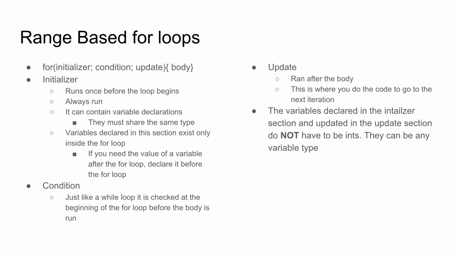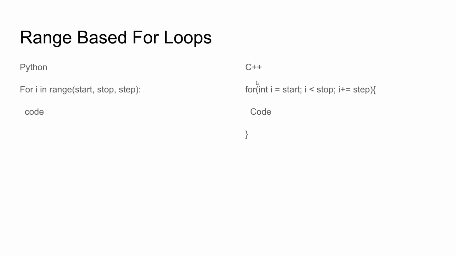You can declare variables there, but they all have to be of the same type. They can't be different types in that expression. If you need the value of the variable after the for loop completes, you have to declare the variable before the for loop. So if I needed the value of i back here after my curly bracket ends, I'd have to declare i up here, int i at this portion, to make sure that it still was in scope after the for loop finished.